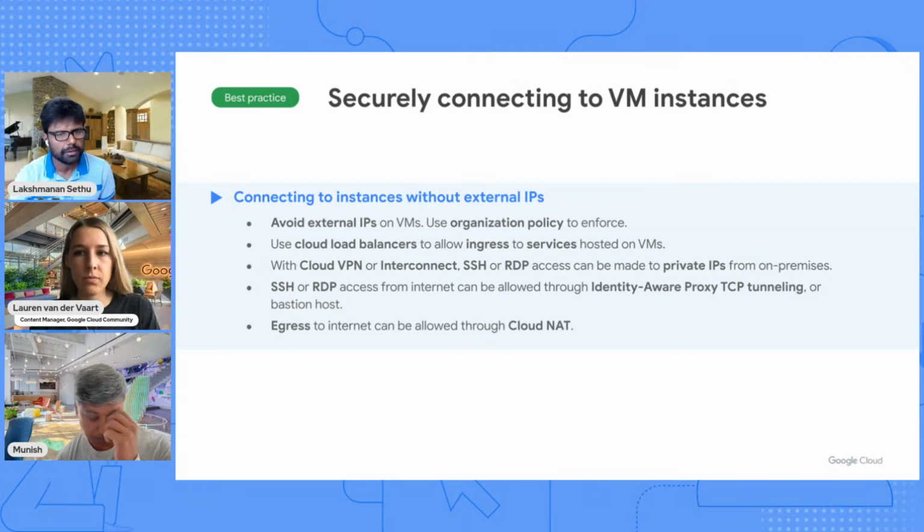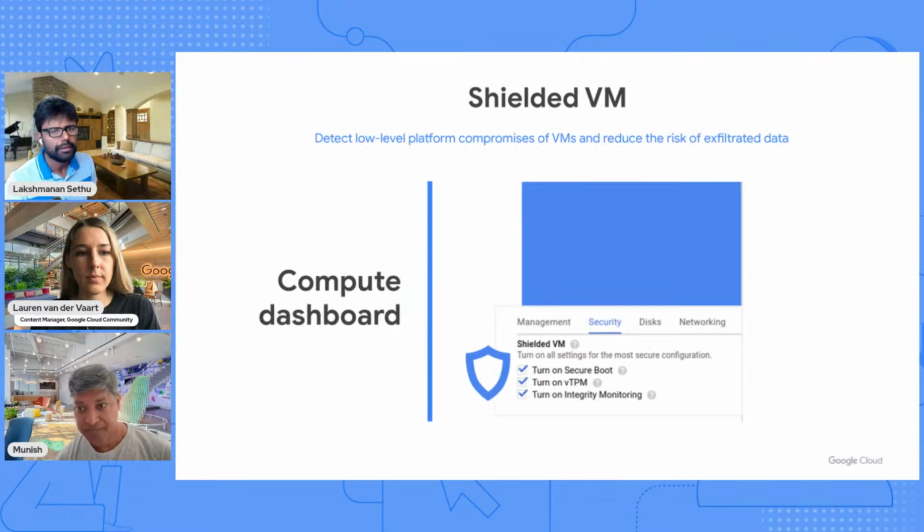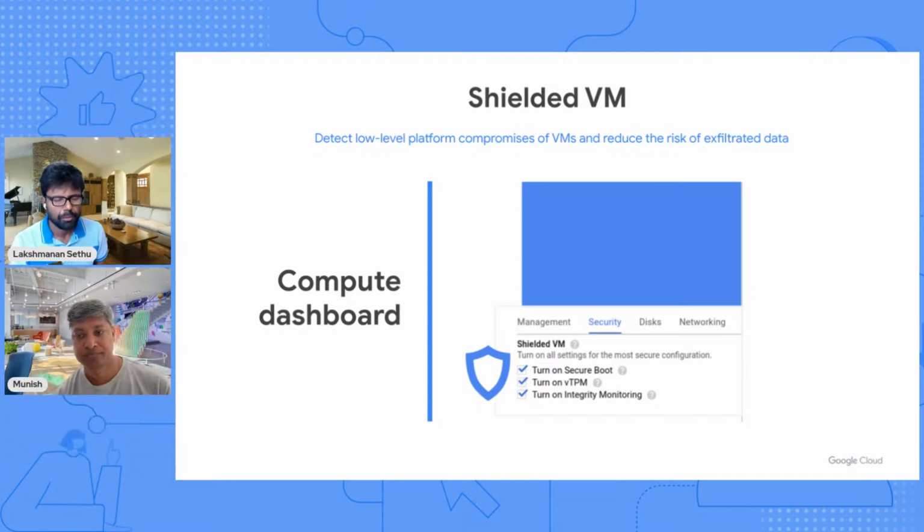Let's move on to the next topic in securing the GCP VMs. Shielded VMs is another important feature that we provide as a part of VM. It's pretty similar to your virtual machines, but in case you want additional security around your VMs, I would definitely recommend enabling this option.